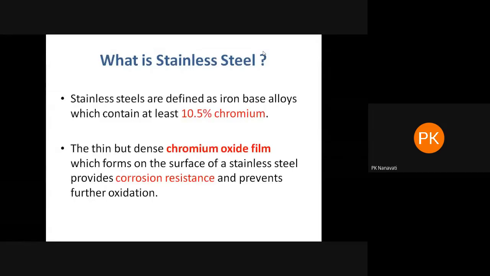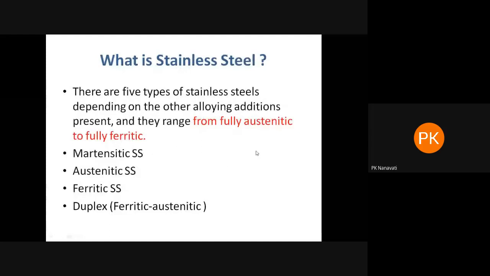This chromium has a tendency to combine with oxygen, and there is a topmost layer on the stainless steel, that is a chromium oxide film. This film is very protective, it is very dense, and it takes care of the corrosion resistance. So there is a big role of chromium in the stainless property.